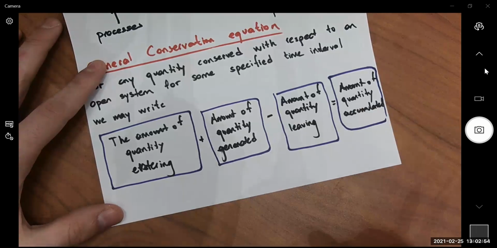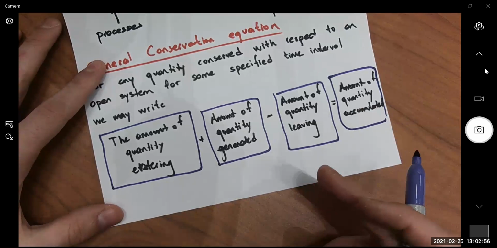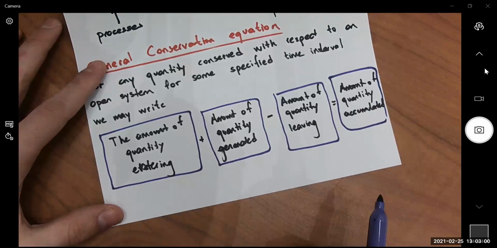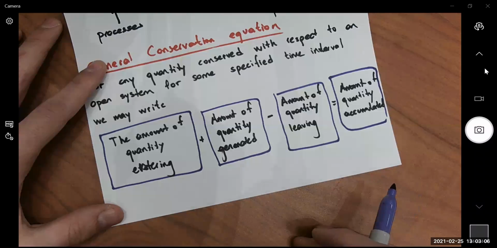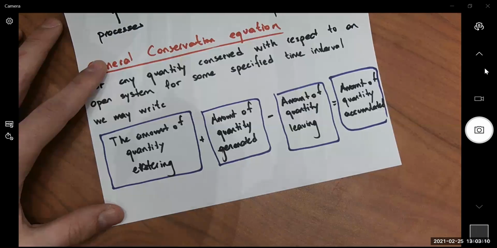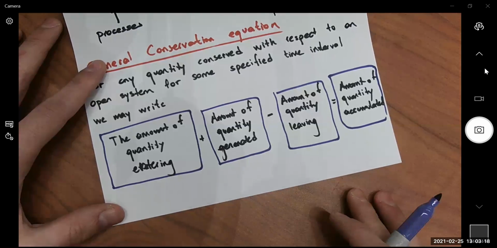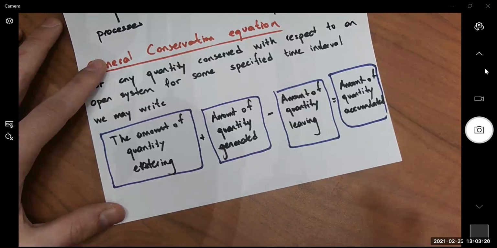The money you put in your bank account, plus the interest generated, minus the amount that is leaving, meaning you're spending, should be equal to whatever you have remaining. You can apply this to anything.